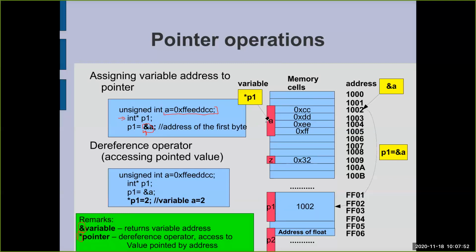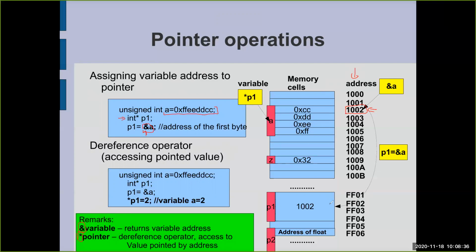So for example, here we have variable a, and I write ampersand a, so it returns the address of the variable. You can see that this variable occupies more than a single byte, but the address of a variable means the address of the first byte. So in this case, if you use ampersand a, the value of this expression is 1002. Of course, this is an example, but let's say that a's address is like this.